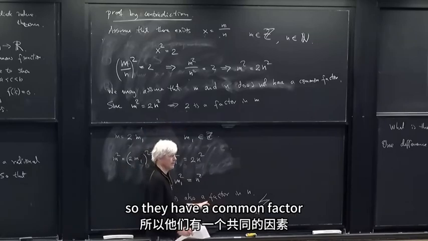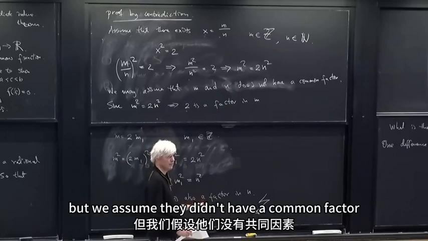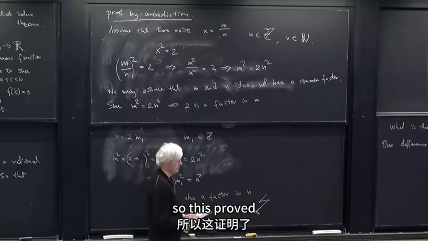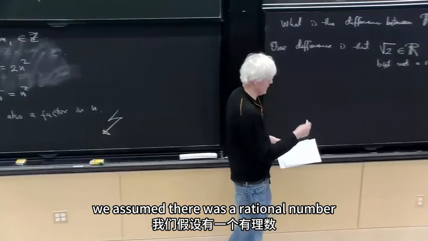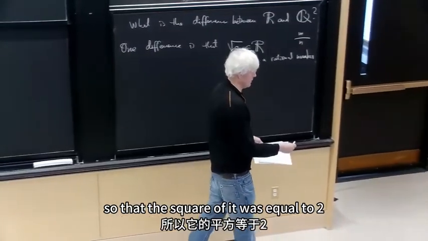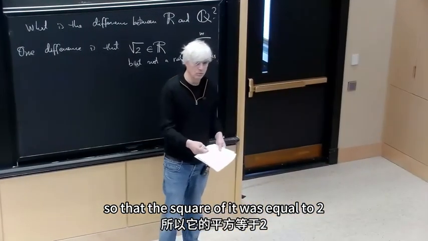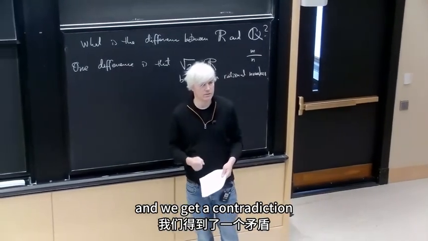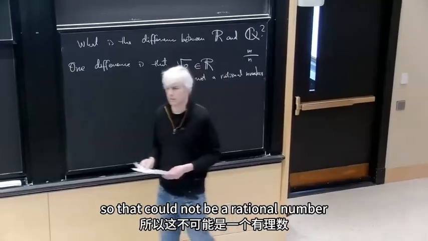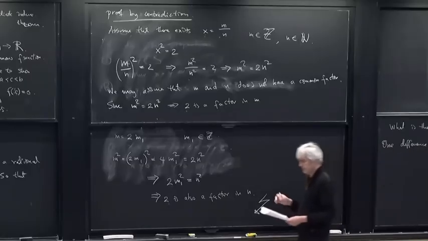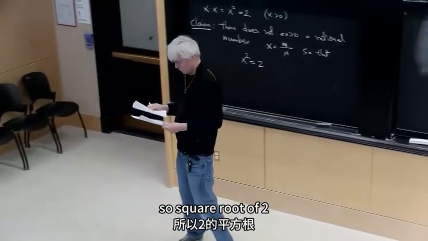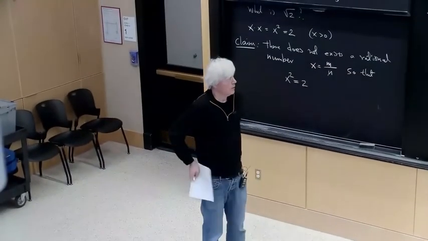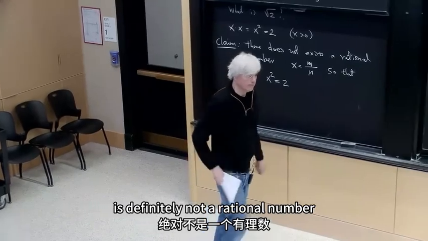So they have a common factor, but we assumed they didn't have a common factor, right? So we argued by contradiction: we assumed there was a rational number so that the square of it was equal to 2, and we get a contradiction. So there could not be a rational number that has the property that the square is equal to 2. So square root of 2 is definitely not a rational number. Okay.